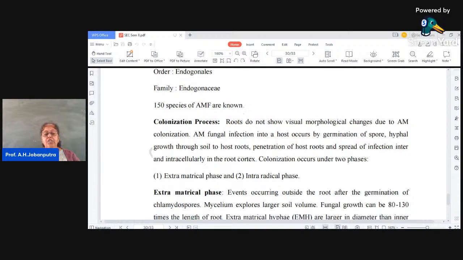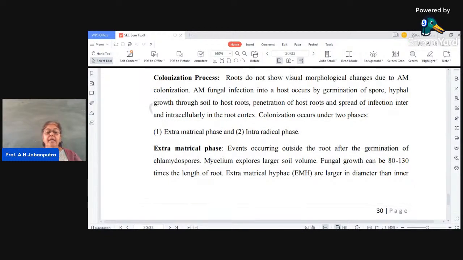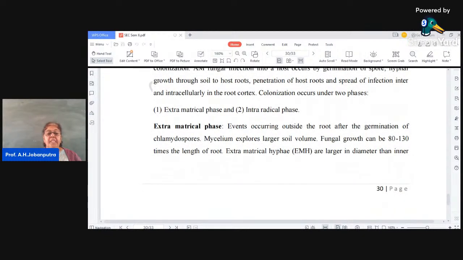The colonization of this arbuscular fungi takes place in two phases. One is extramatrical phase and another one is intra-radical phase. The events which take place outside the root after the germination of spores, that is known as extramatrical phase.